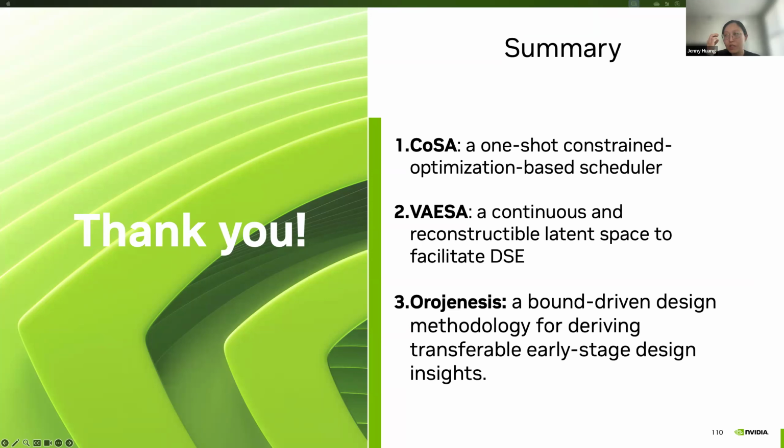Assuming we're doing weight stationary data flow, we'll first have a rank that's irrelevant to the weight in the innermost loop. That will be, for example, the P dimension, which is the output, or you can think of it as the M dimension, the output width and height, that's irrelevant to the weight in the innermost loop, right?